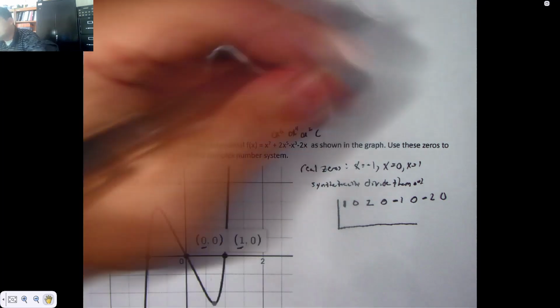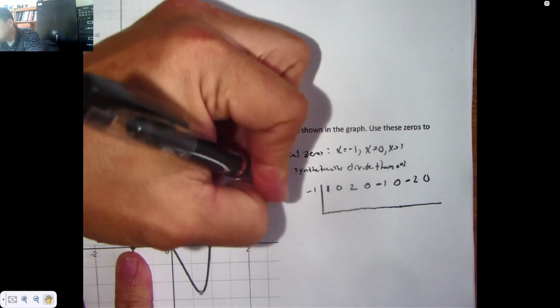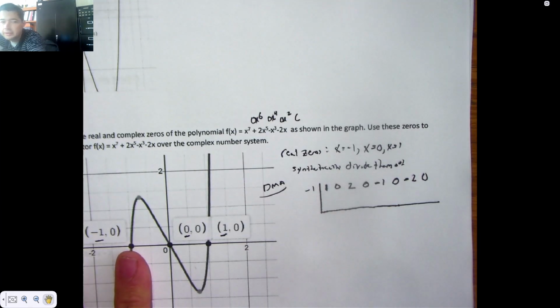All right, I'm good. Now you can pick any one you want to do. I'm just going to start with the first one, the -1. And remember, you drop, you multiply, and you add. That's all you do.